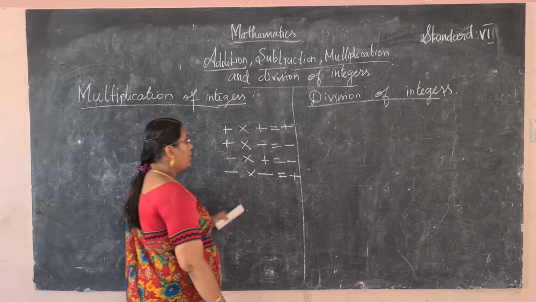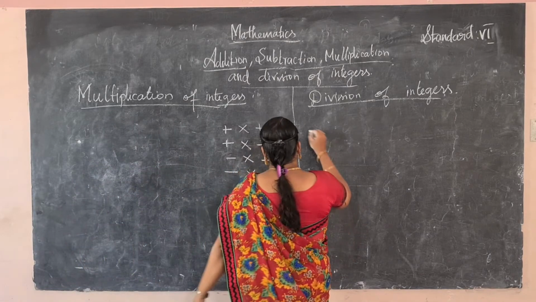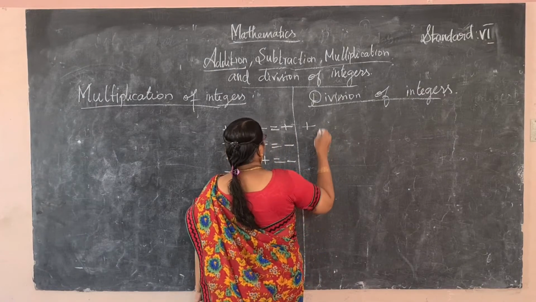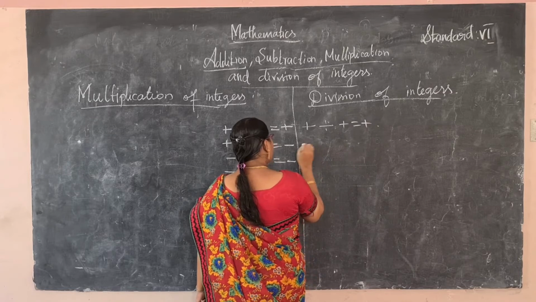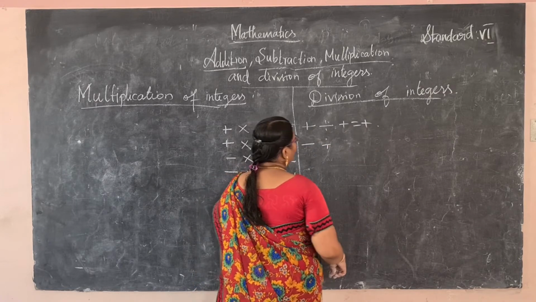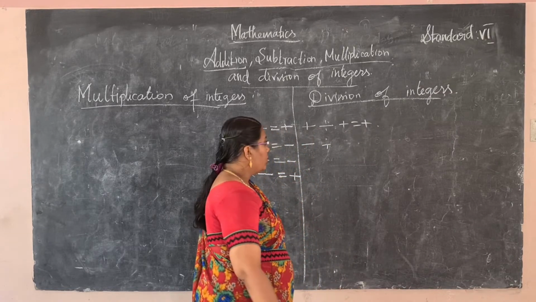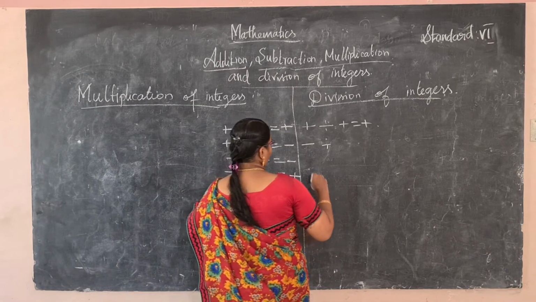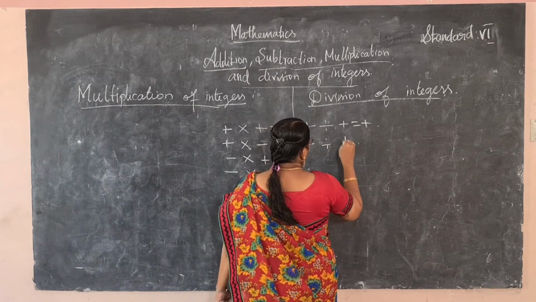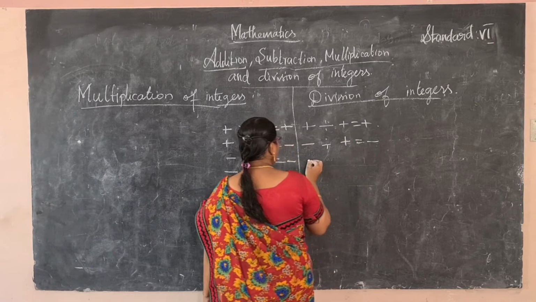The same rule for the division. Division of two positive numbers, we get the positive. Two numbers with different signs, a negative number and a positive number, we get the negative.